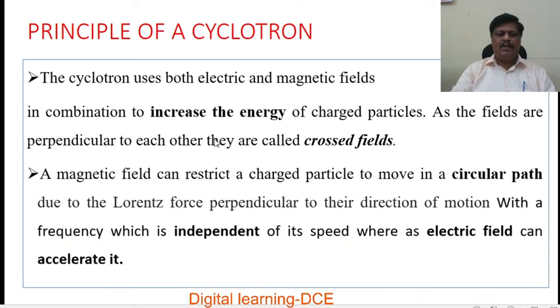Magnetic field can restrict a charged particle to move in a circular path due to Lorentz force perpendicular to their direction of motion, with a frequency which is independent of its speed, whereas electric field can accelerate it. So magnetic field is used to move a charged particle in a circular path, and the electric field is used to accelerate the charged particles.